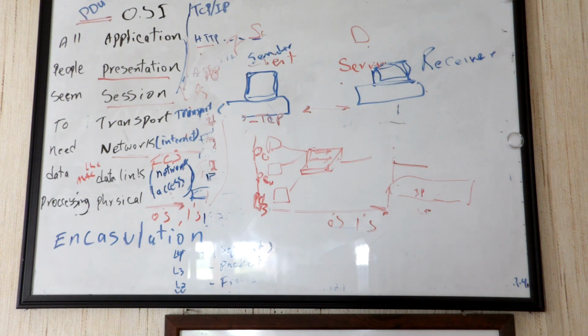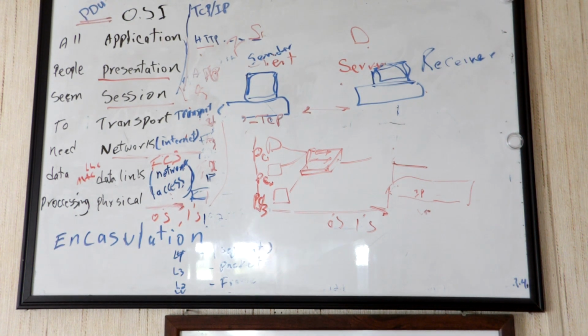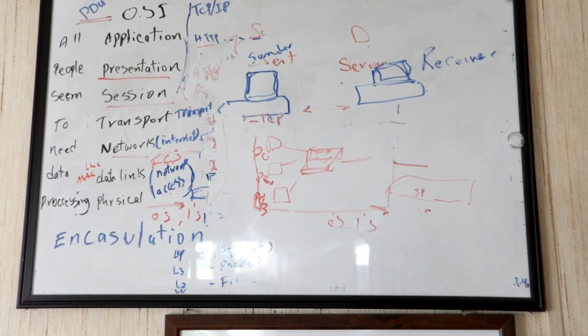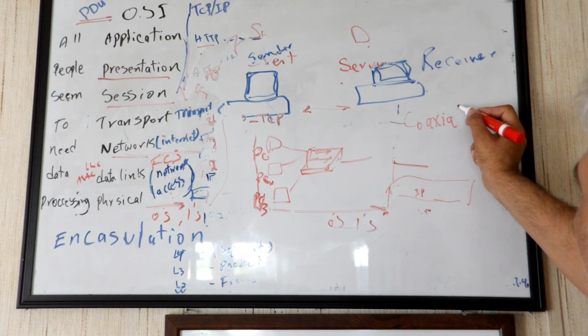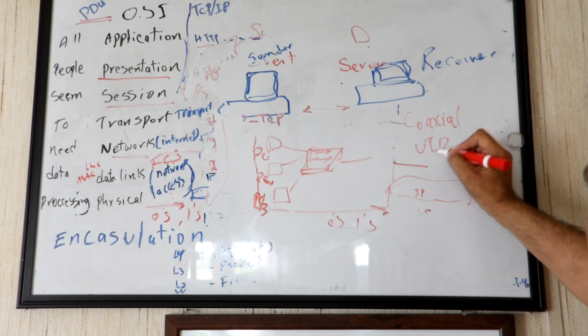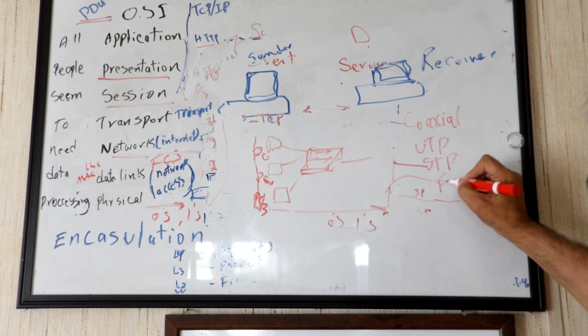There are different cables: coaxial cable, UTP, STP, and fiber.